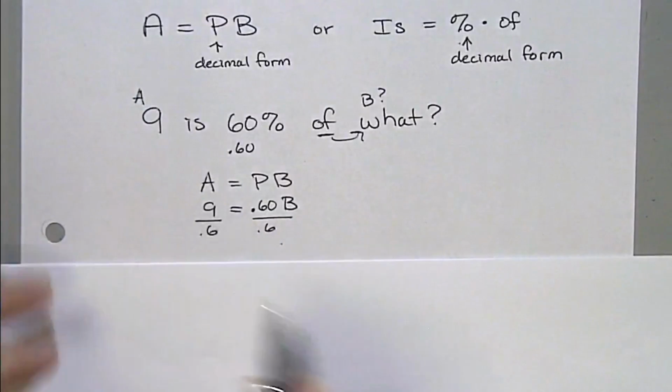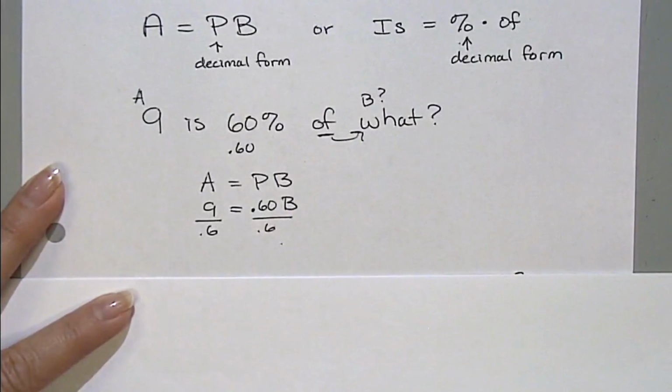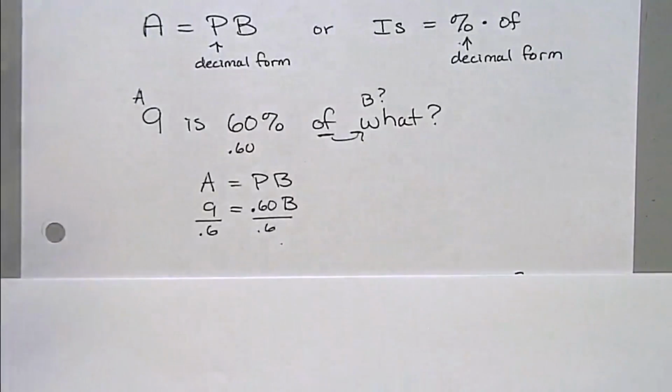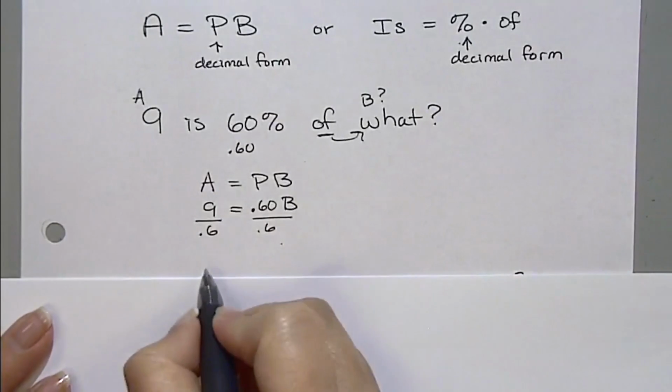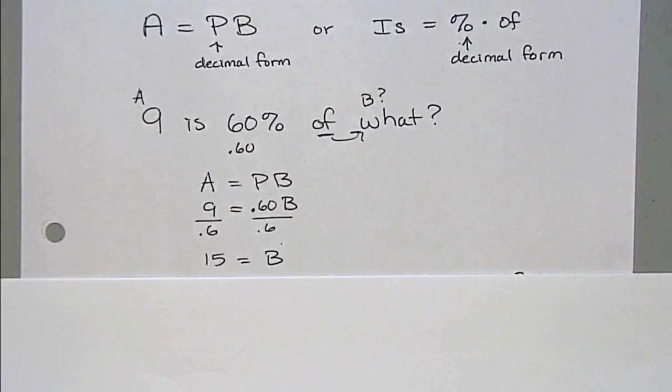And so in your calculator, find what 9 divided by 0.6 is. Again, 0.6 is the same as 0.60, so I just shortened it for ease. And did everybody get 15? Okay, so 15 is equal to B. So 9 is 60% of 15. That's what we just found.